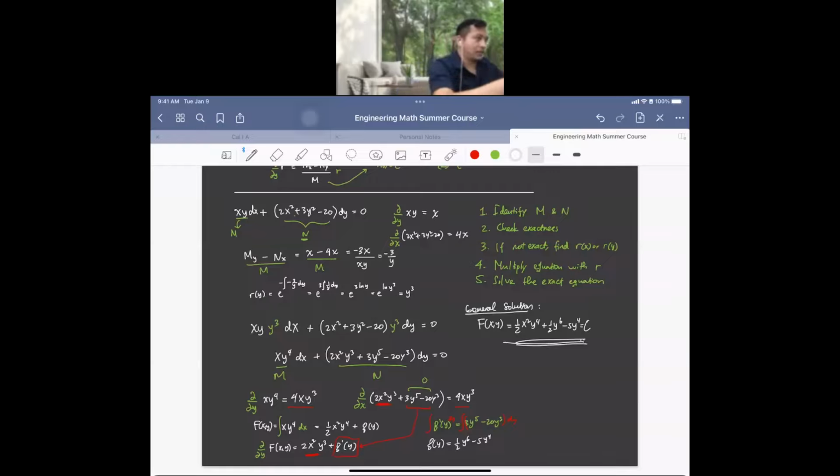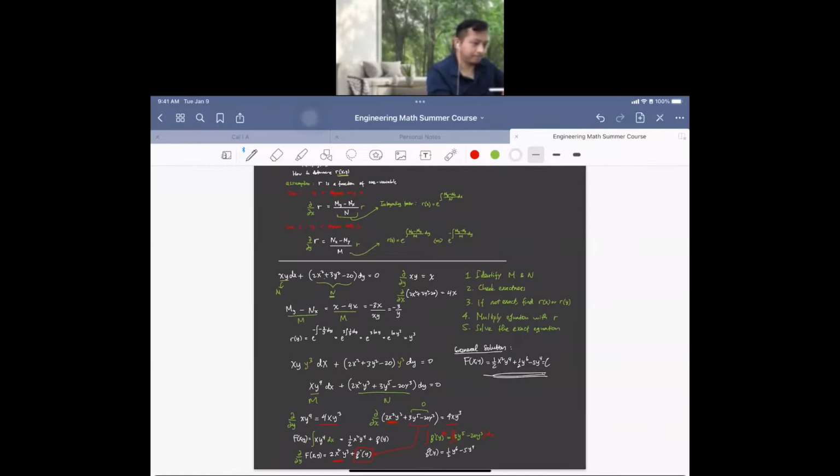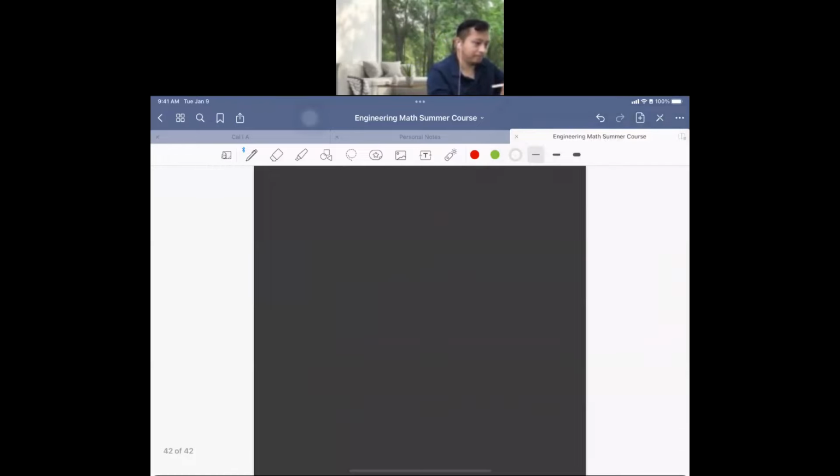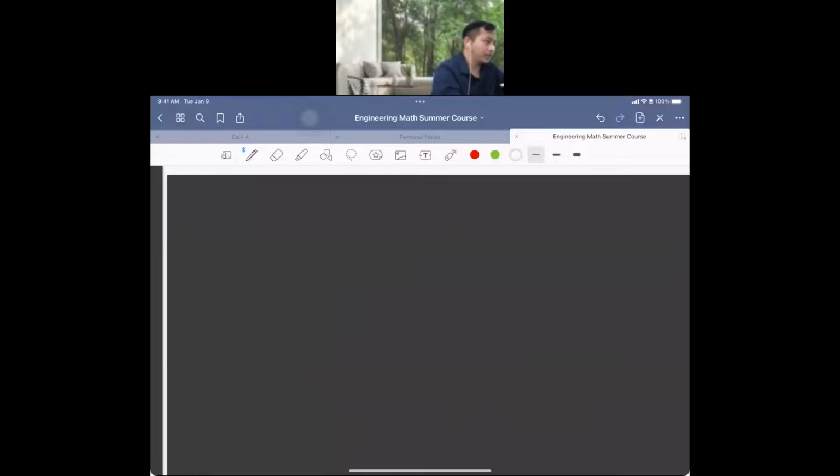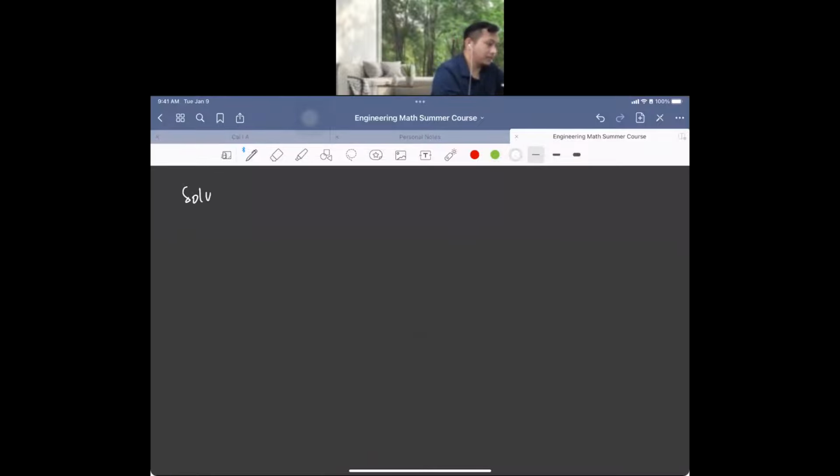Okay, let me give you another example. Solve (x squared plus y squared over x plus 1) plus 2y dy over dx equal to 0.